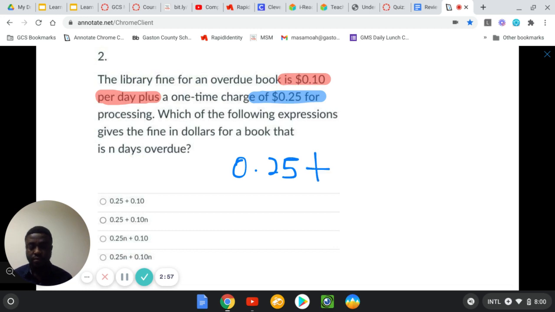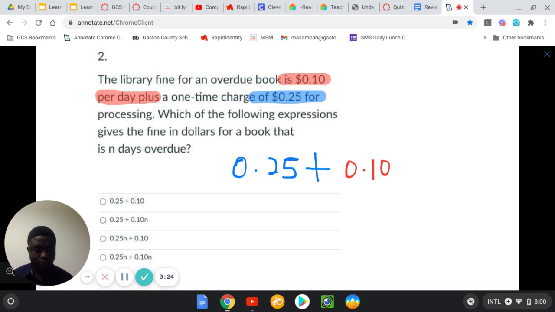Plus a fine of $0.10 per day. So which of the following expressions gives a fine in dollars for a book that is n days overdue?